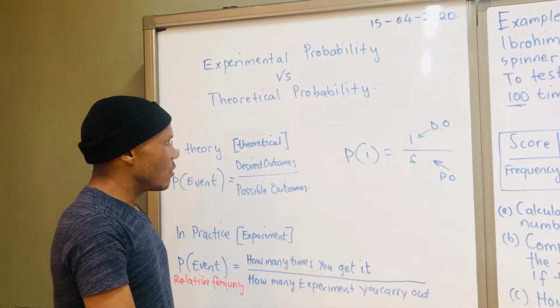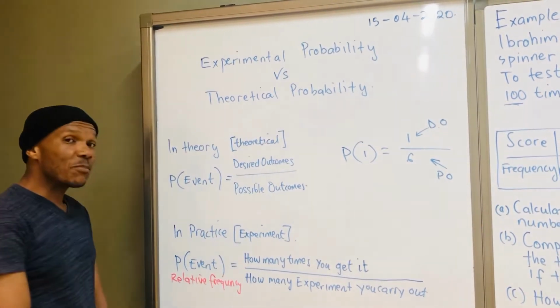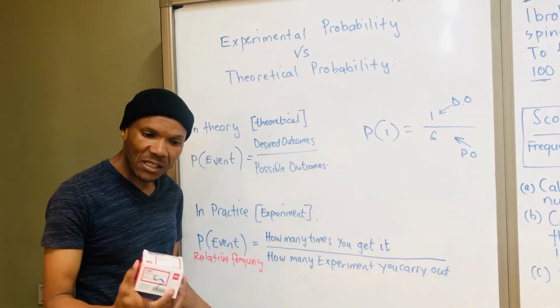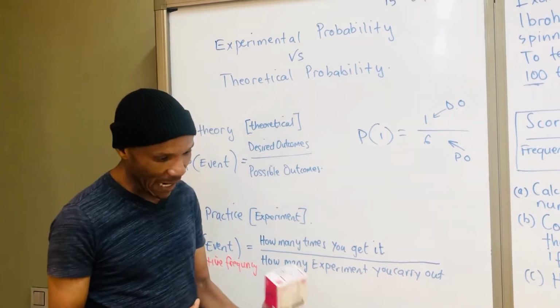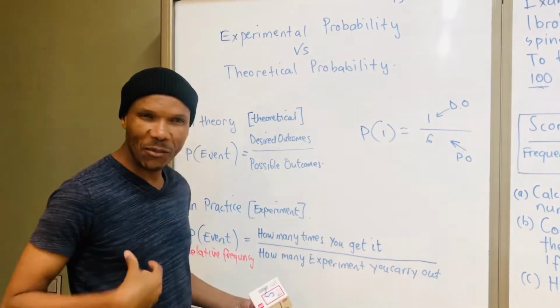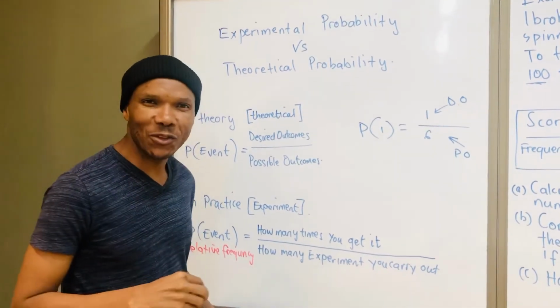So let's look at the experimental probability. I have my dice here. Suppose this dice is not biased, but now it is. I don't have the actual dice. It's a shame on me. I'll try to look for one for tomorrow.